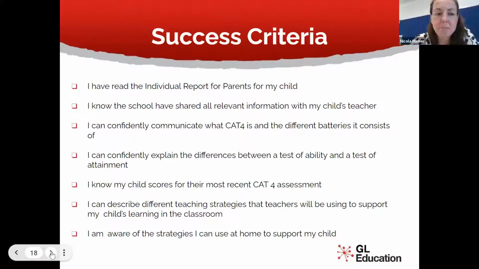Sorry, somebody's just asked a question about the fact that we are determining what they might achieve in their GCSEs based on this data. To some extent, this is a conversation starter. This does not determine what GCSEs your child will do or how well they will do.